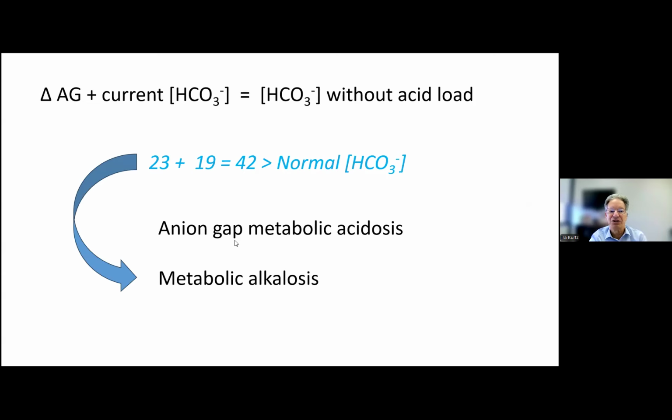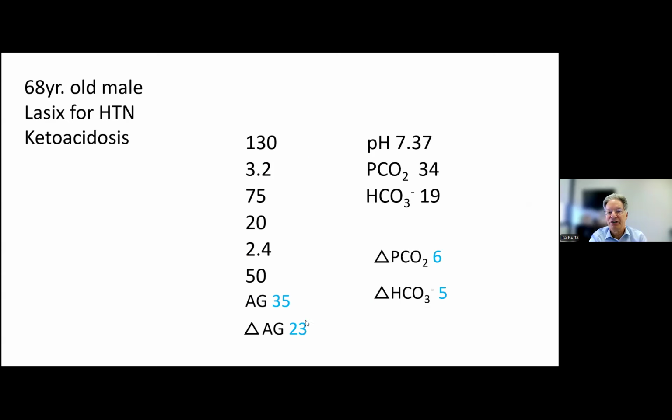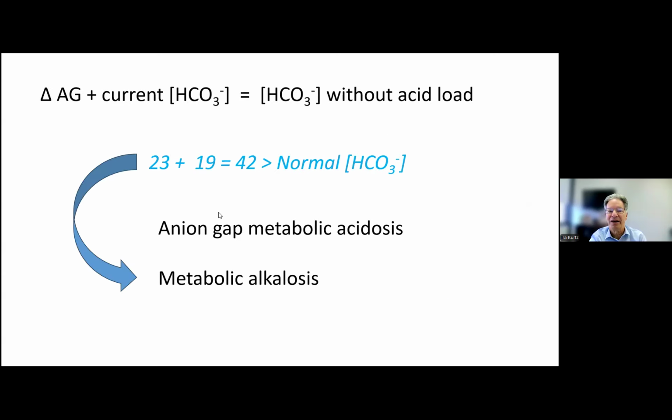You would say the patient has compensated metabolic acidosis, but going through this exercise, if we take the change in the anion gap and add it to the current bicarbonate, we get 42. So we have an anion gap elevation of 23, and when we add that to the current bicarbonate, we don't get 23 or 24. We end up with a number much, much higher than that, and we have to account for that.